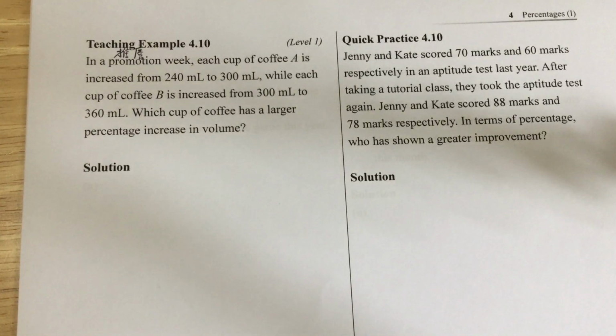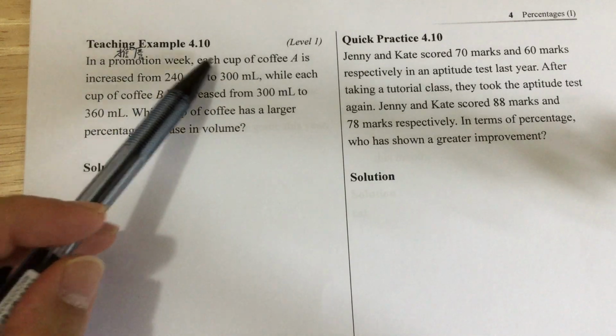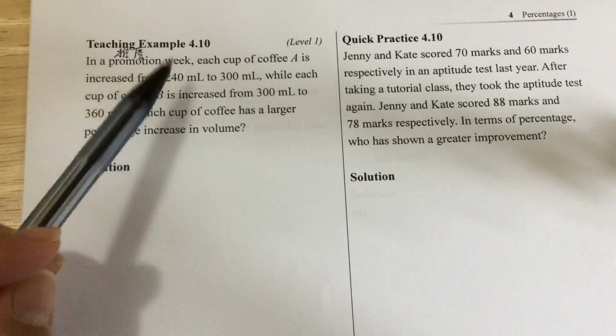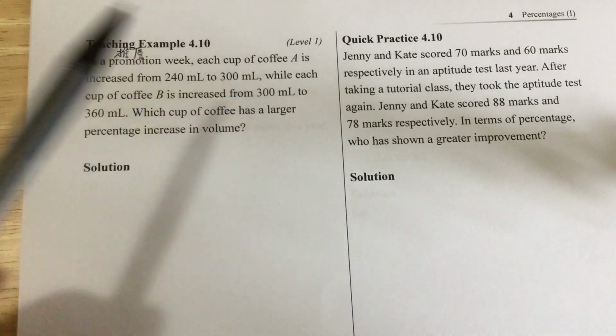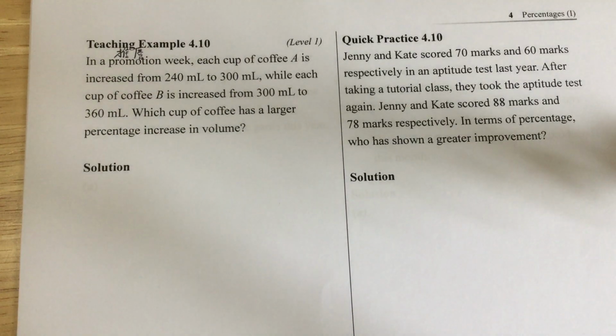Each cup of coffee A is increased from 240 ml to 300 ml. So for A, you will see from 240 to 300.